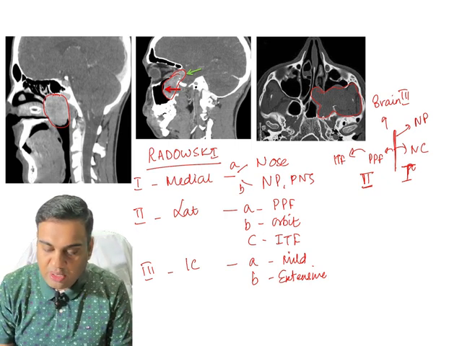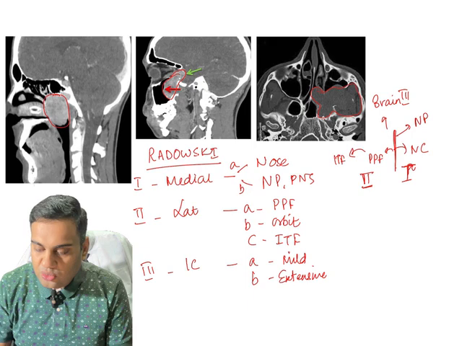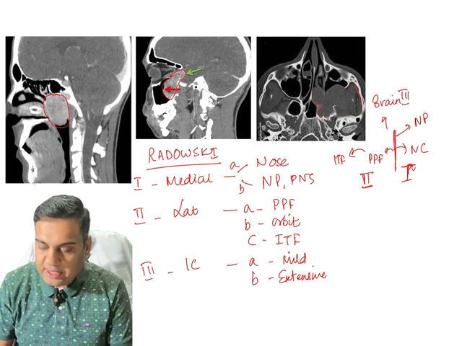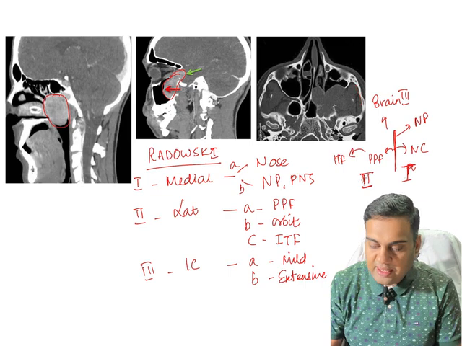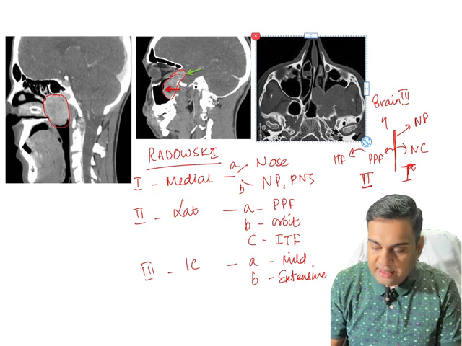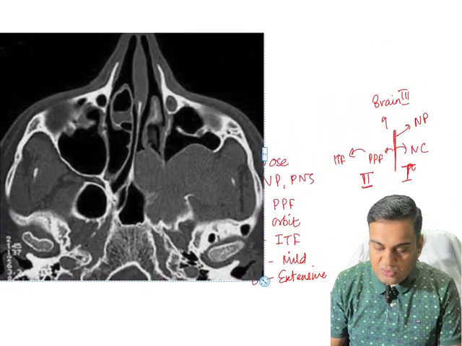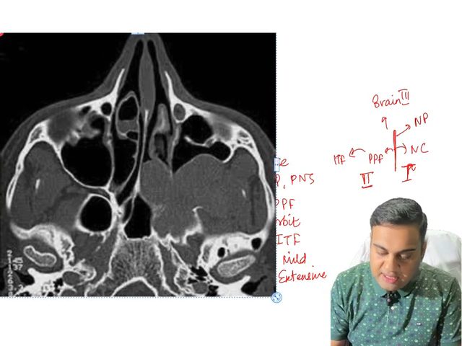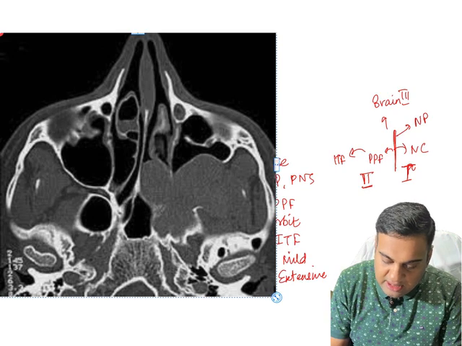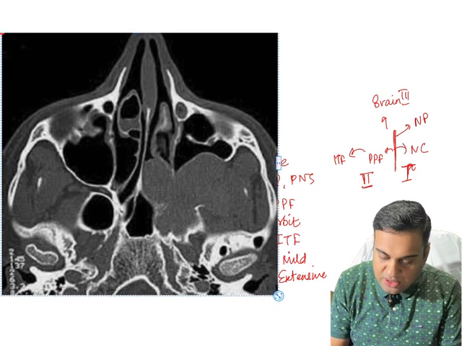Can we just do one more thing? Let us try to take this diagram a little bit more in. This is an axial view, all right, all of you with me. Where is the tumor? Now this is the lateral wall of the nose, right?